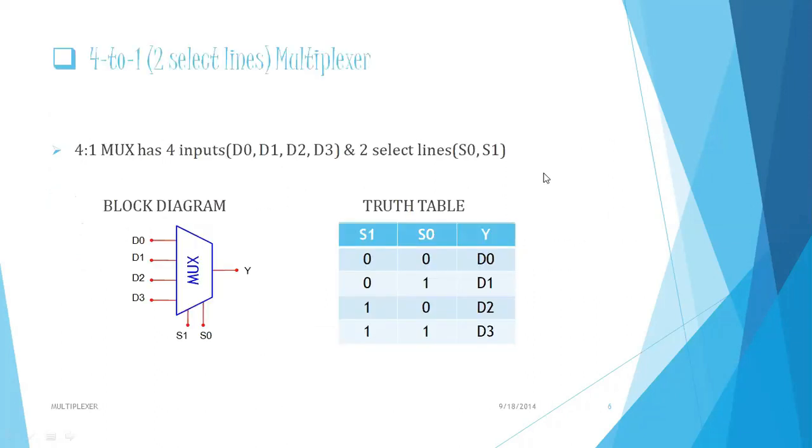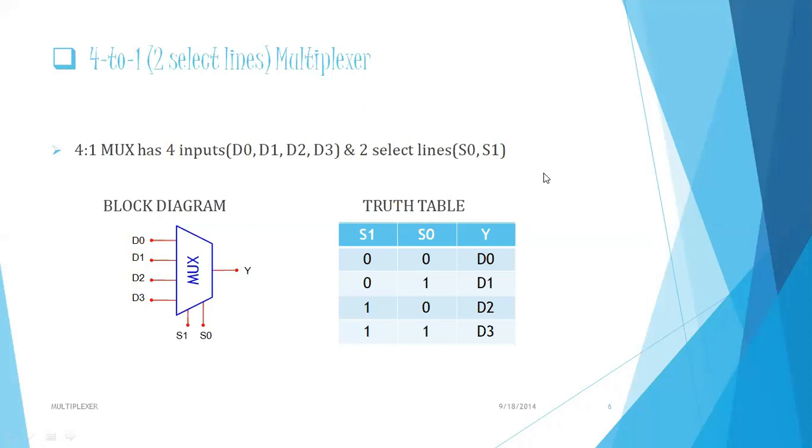Is it clear? 4 to 1 multiplexer. 4 to 1 multiplexer means there are 4 inputs, and it will produce only one output. How many selection lines are required? Two selection lines.